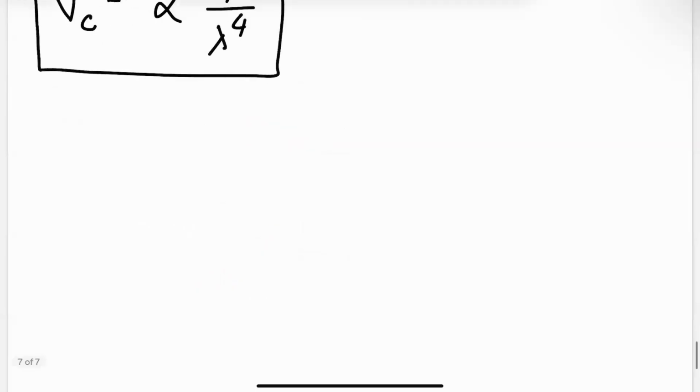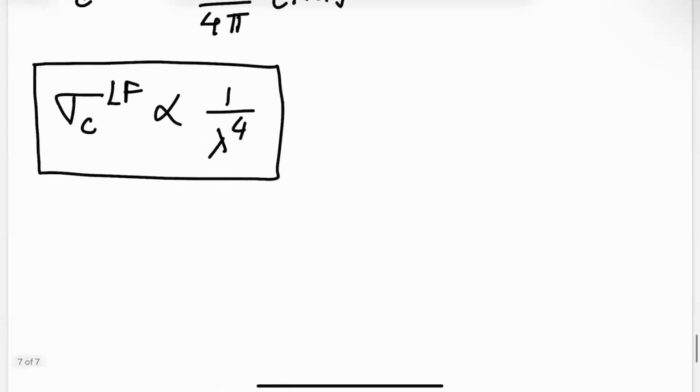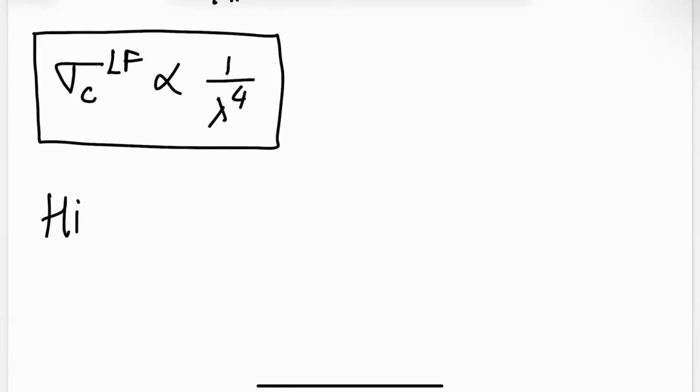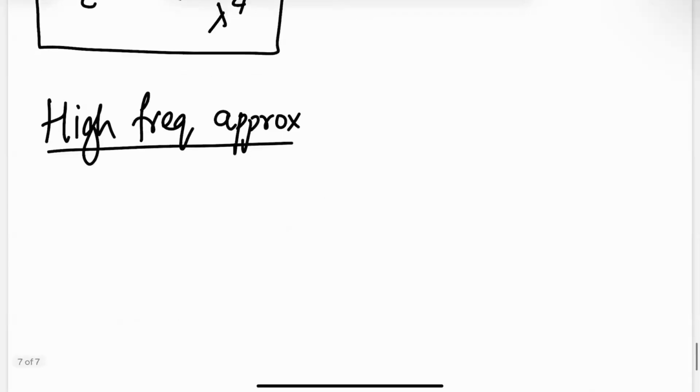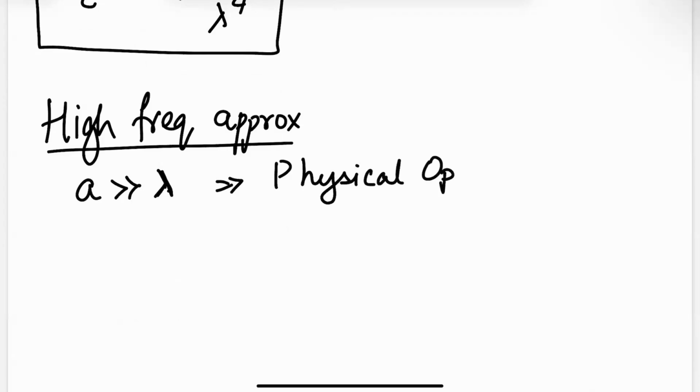Okay. Now we can also take the high frequency approximation. So this is low frequency, and this is the high frequency approximation. When a is much larger than lambda, then under high frequency approximation, you can use physical optics, which is what we derived many lectures ago.